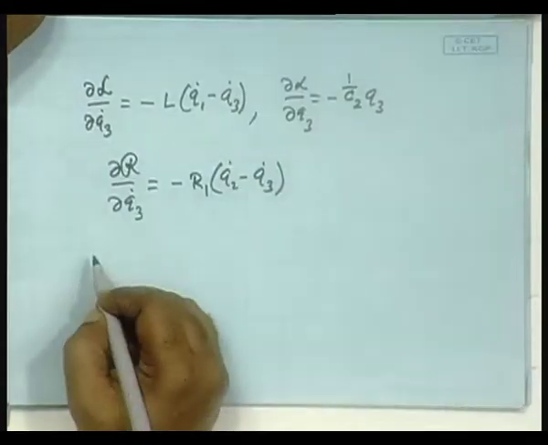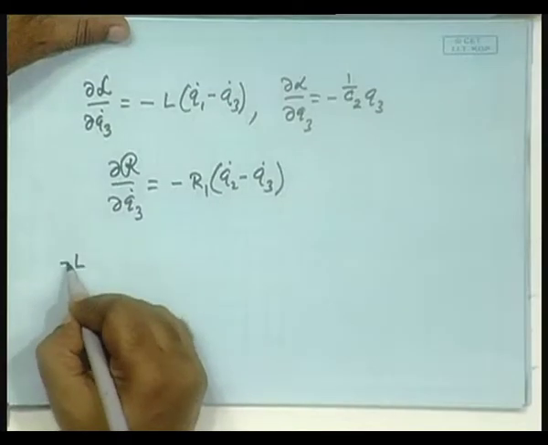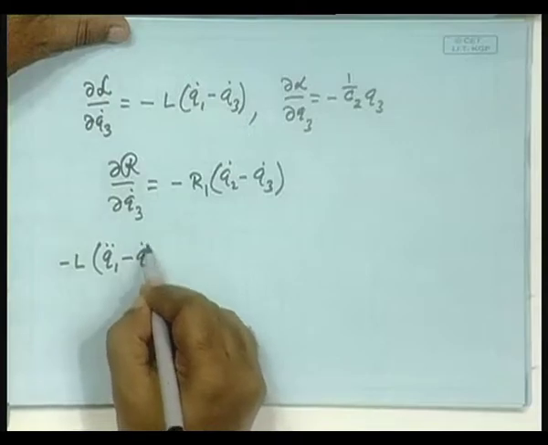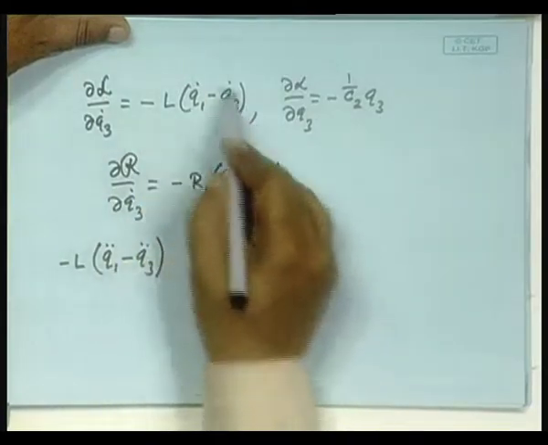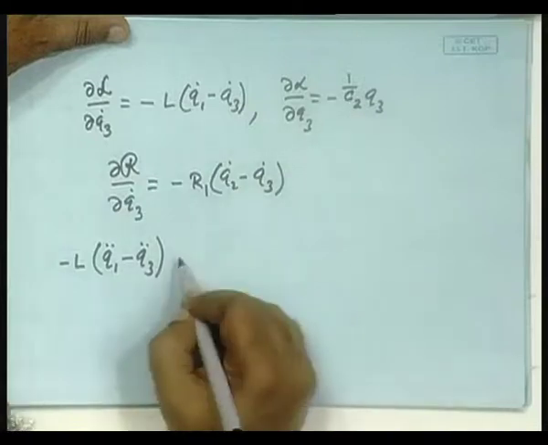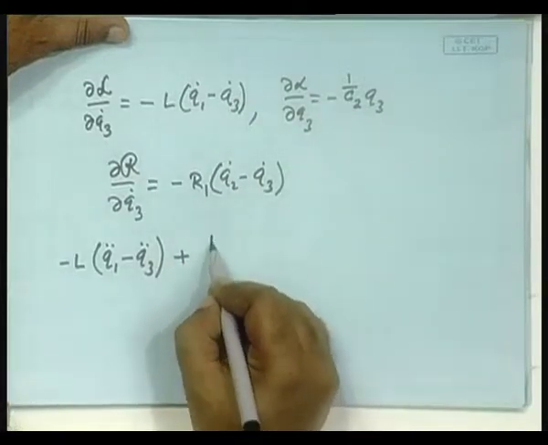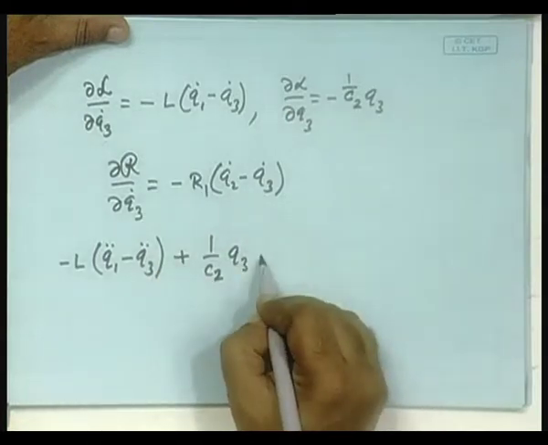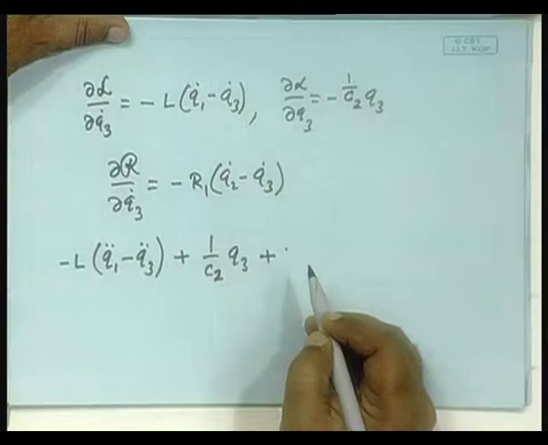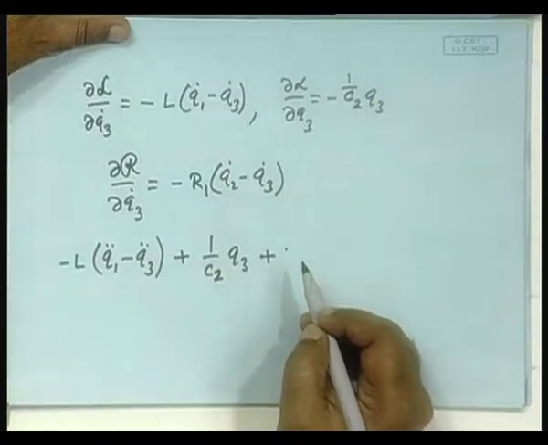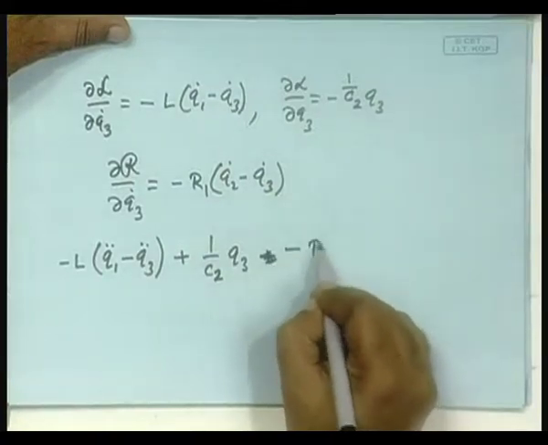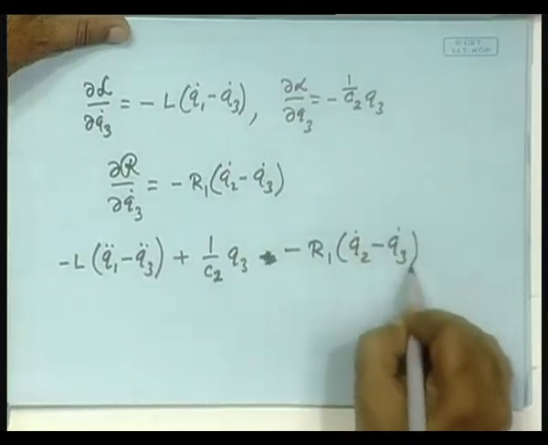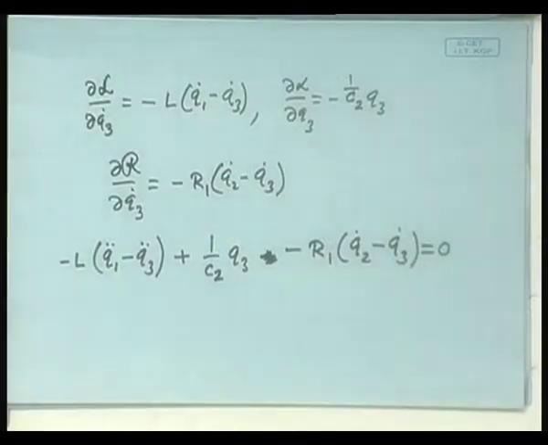So, now the equation becomes minus L (q1 double dot minus q3 double dot), derivative of this with respect to time, plus 1 by C2 q3 plus or minus R1 (q2 dot minus q3 dot). So, that is the equation then.